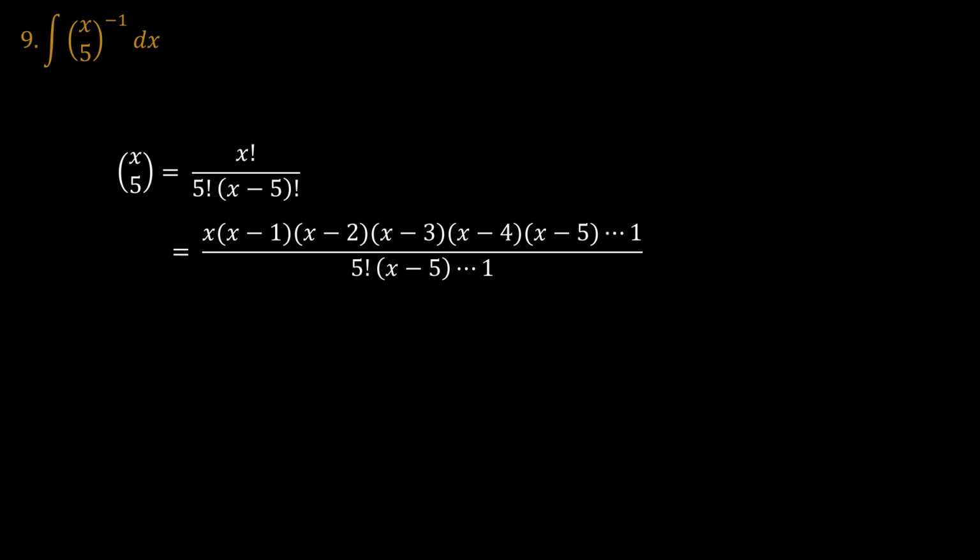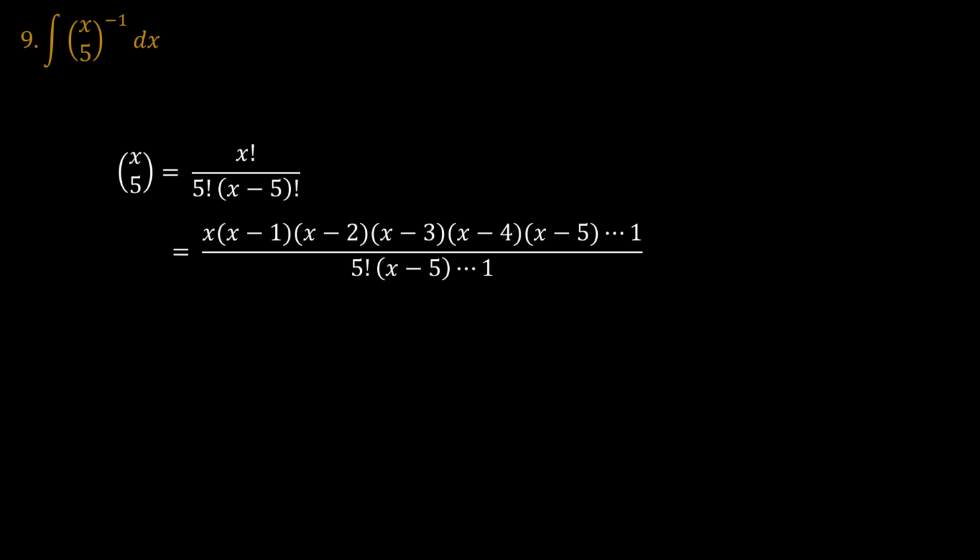Now we know x factorial to be the product of x all the way to 1, and 5 factorial is just a constant, and x minus 5 factorial is the product of x minus 5 all the way to 1.